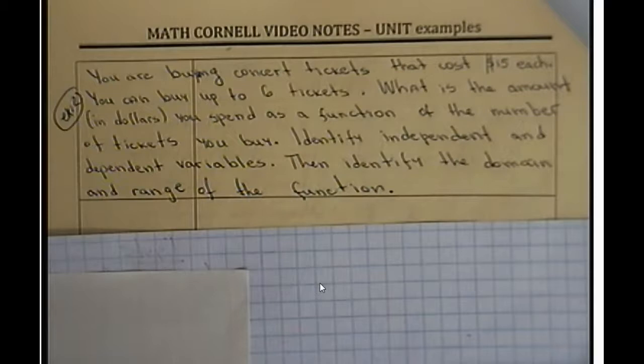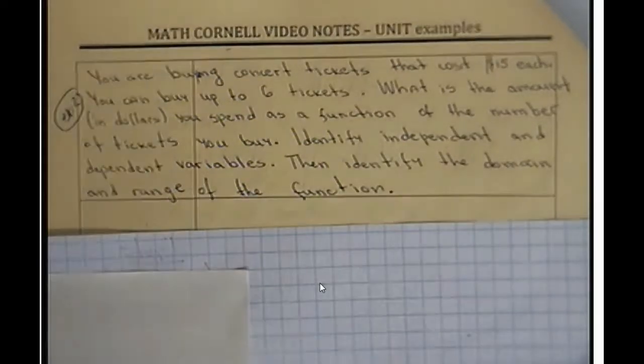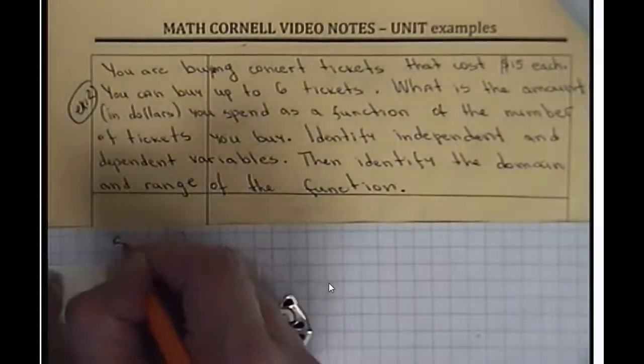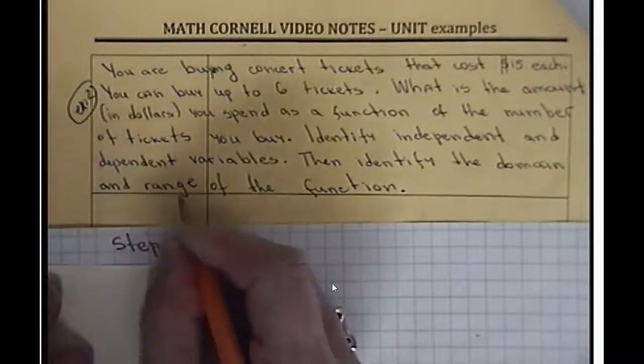You can buy up to 6 tickets. What is the amount in dollars you spend as a function of the number of tickets you buy? Identify independent and dependent variables, then identify the domain and range of the function. Alright, so I want you to write step 1 as the first thing. Step 1.